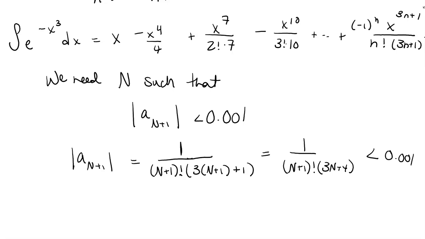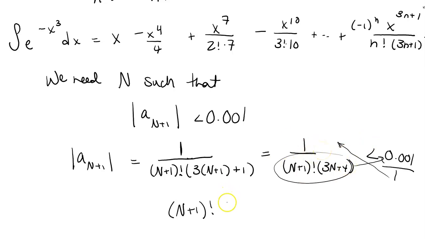Now, in order to make this work, this would be like a cross multiply situation. If I multiply on both sides, the n plus 1 factorial ends up on the top here, and the 1 over 0.001 ends up on this side.